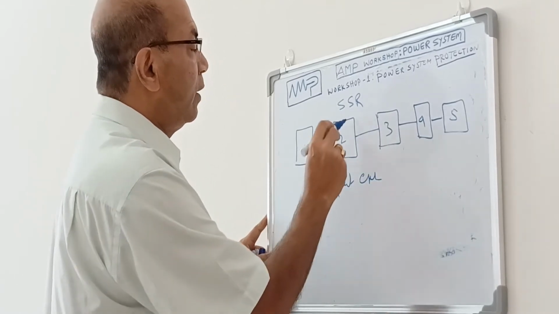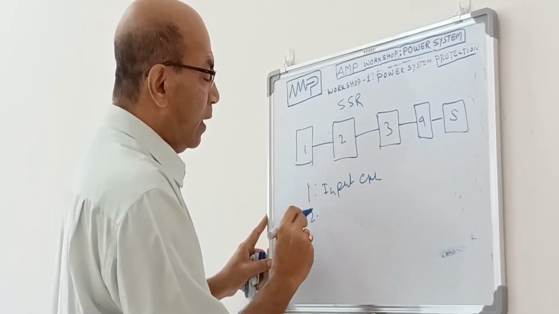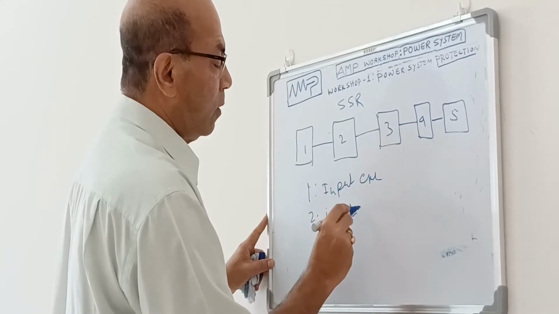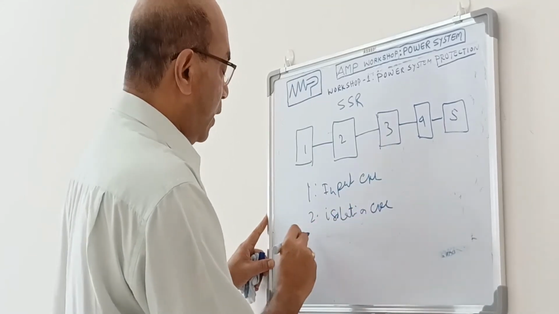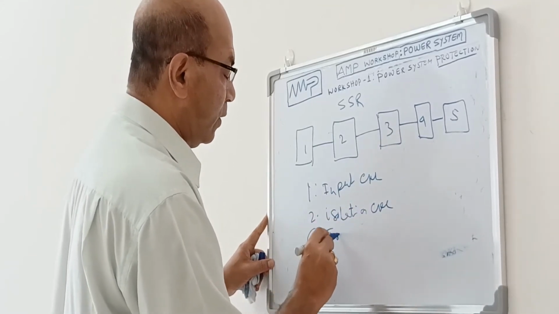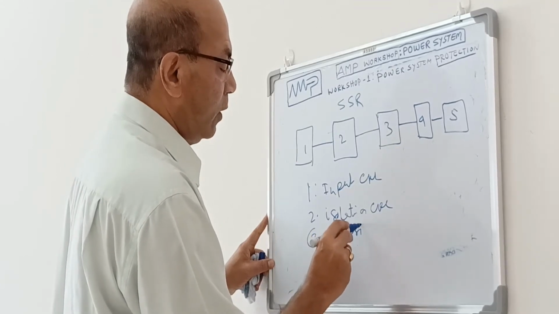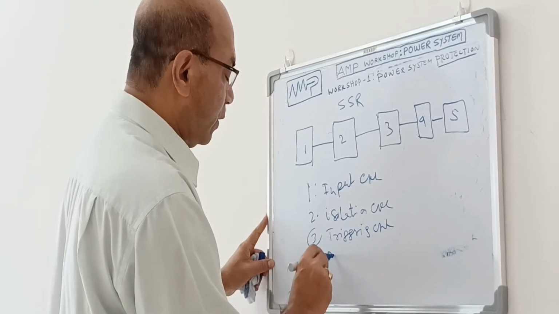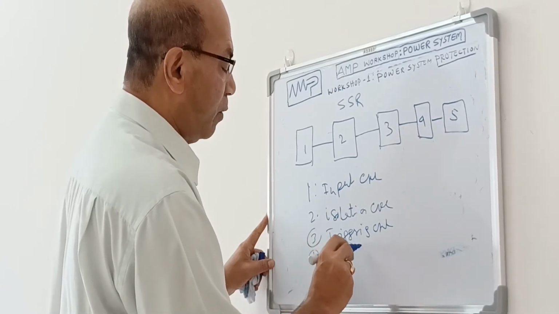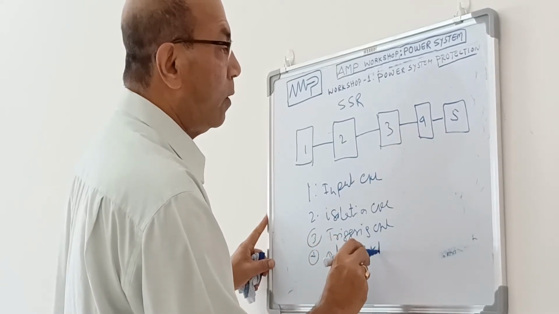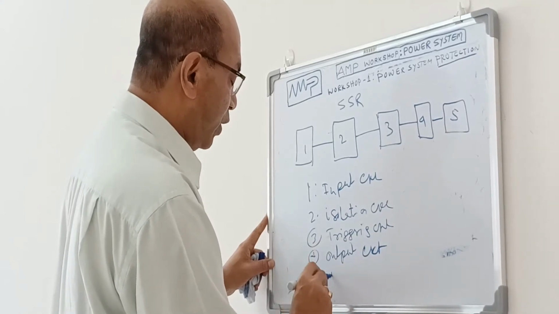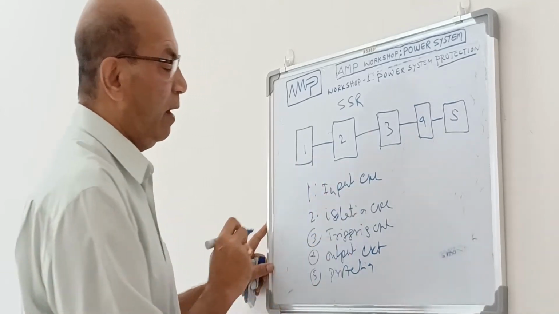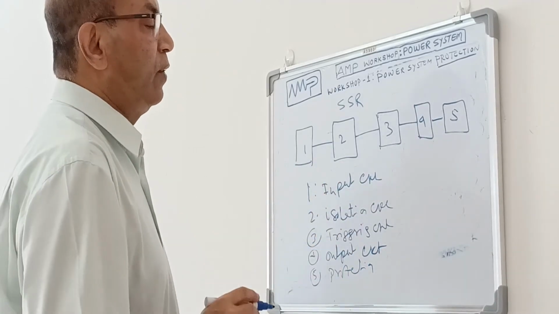Number 2 is the isolation circuit. Number 3 is the triggering circuit. Number 4 is the output circuit or output device. And number 5 is the protection circuit. We'll discuss all these things. When all these five are together, we get a solid state relay.